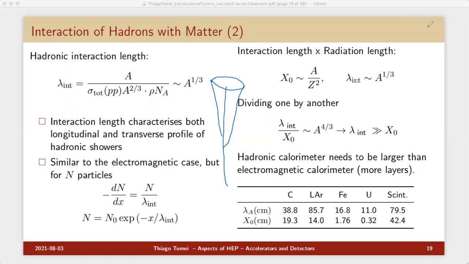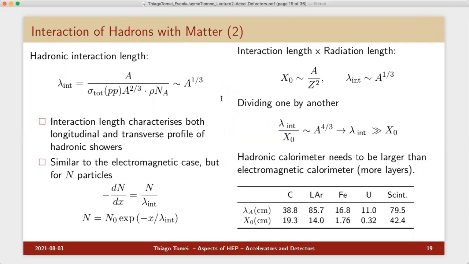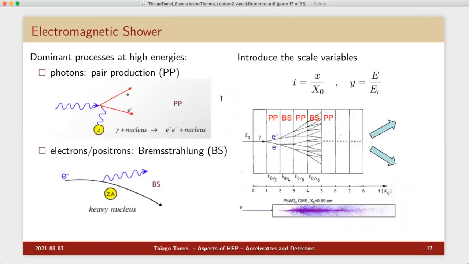And this characterizes both how deep a hadron can get inside a material and how wide this shower goes. Remember, let me show you here quickly, I should have said this before. I'm sorry, if I go back here to slide 17, there is both a depth and a width that characterize the electromagnetic shower. And both of these are going to be more or less related.